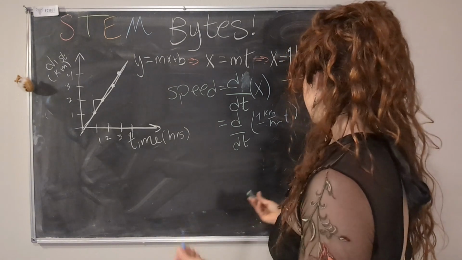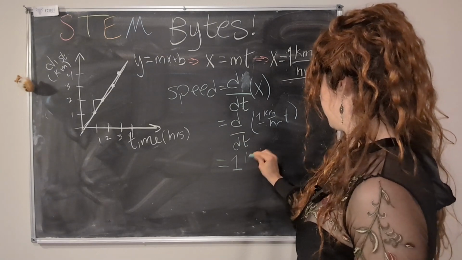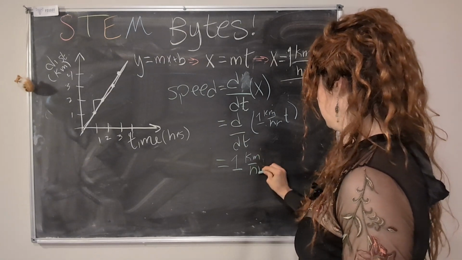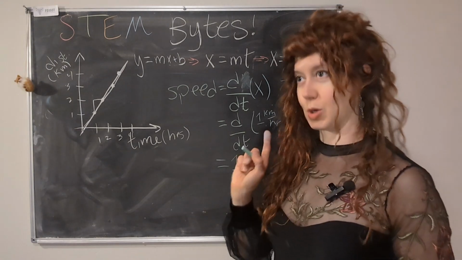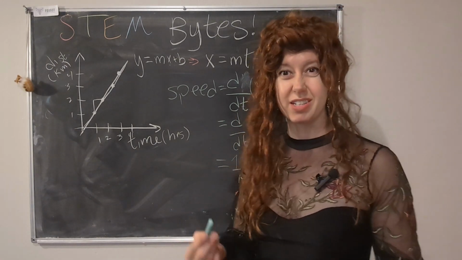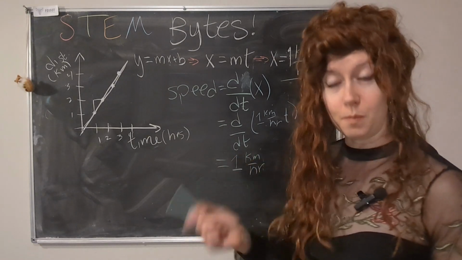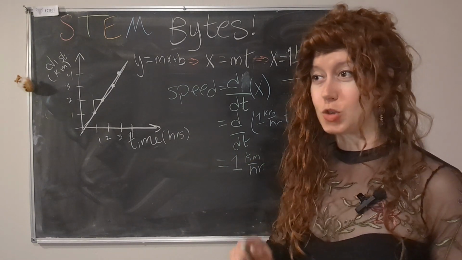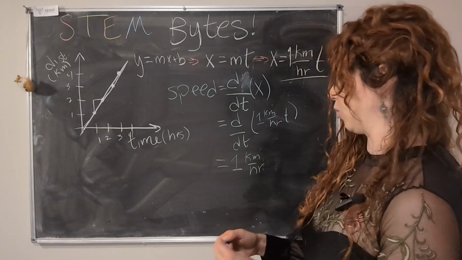And what we get is just 1 kilometer per hour, because that's how the operator works. There are certain rules in calculus that you kind of just need to remember, which is annoying. I am not a huge fan of memorization. I'm a huge fan of understanding things and understanding why it works the way that it works.